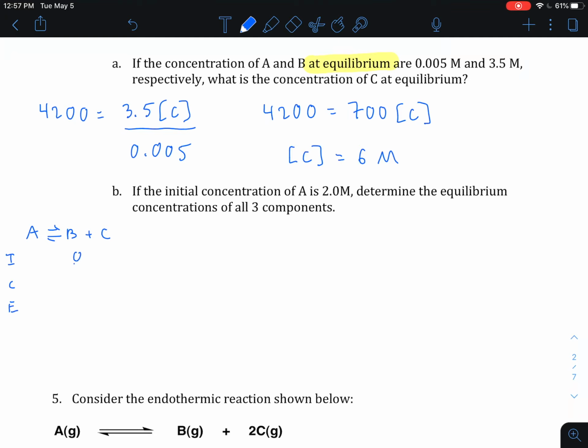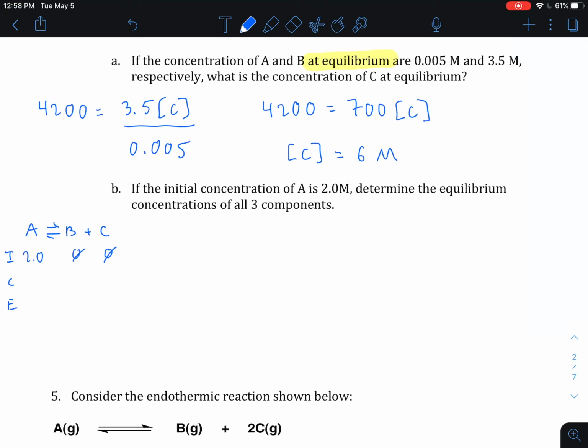A makes B plus C. And initially we can assume no product since it didn't tell us otherwise. A is 2. The change in A will be minus X, change in B will be plus X, change in C will be plus X, so it should be X, X, 2 minus X.